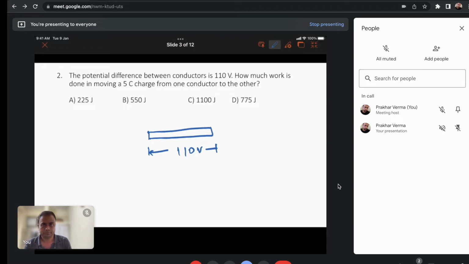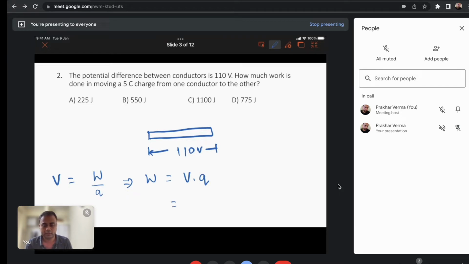The potential difference is defined as the work done per unit charge. In simple terms, total work done is equal to potential difference multiplied by the total charge.